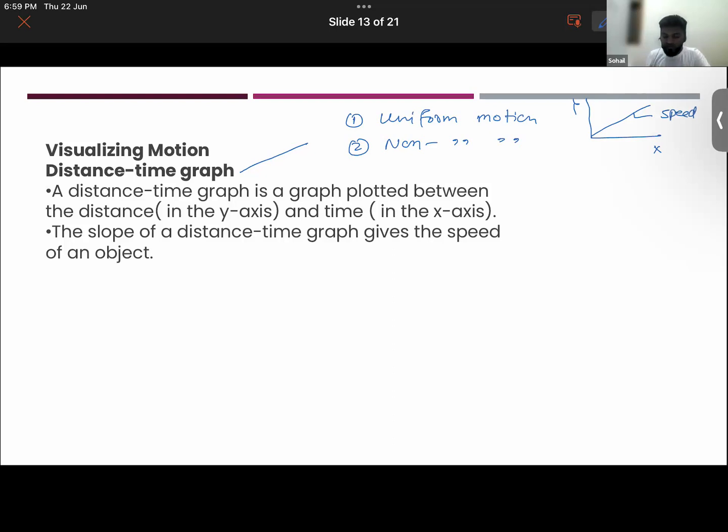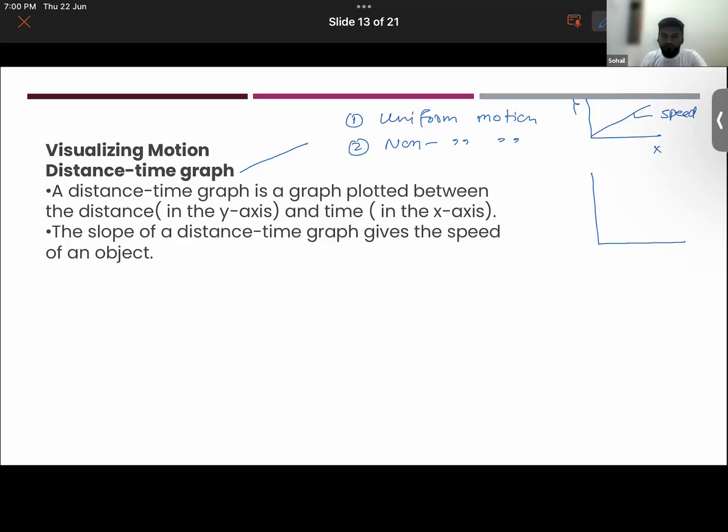One more thing regarding uniform motion: let's say there are two cars running on a road at different but constant speeds. Car A is running at a constant speed of 50 km per hour, and car B at a constant speed of 80 km per hour. How do we represent that on the same graph?